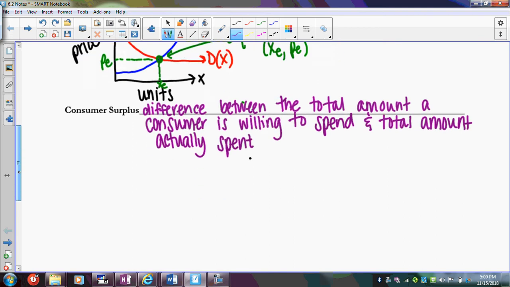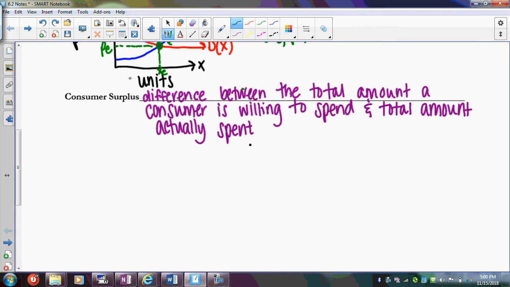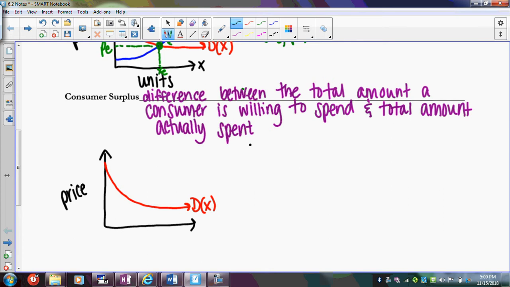So if we look at this visually, I'm going to sketch that same picture, but the difference is I'm only going to look at the demand function here. I'm not going to look at the supply since we're talking about the consumer. So if I sketch in the demand function again, and remember that this is the price over here, this is p, this is the number of units, this is x. Again, let's just say that the equilibrium point was somewhere right here.